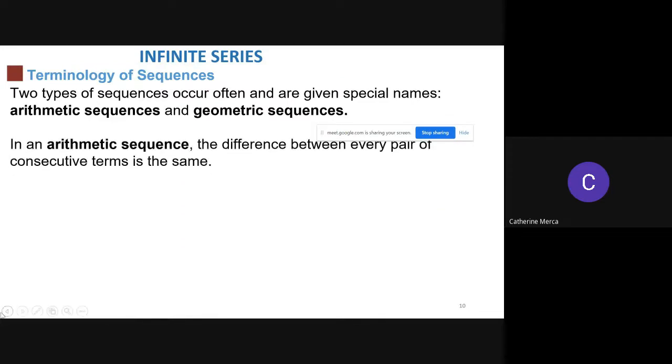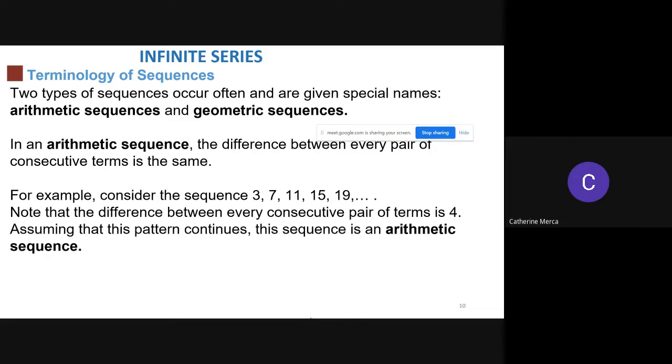The difference between your geometric and arithmetic sequence is that for an arithmetic sequence, there is a value called the common difference, which you can either add or subtract, depende sa pattern, to the next term. Okay, that's for an arithmetic sequence.